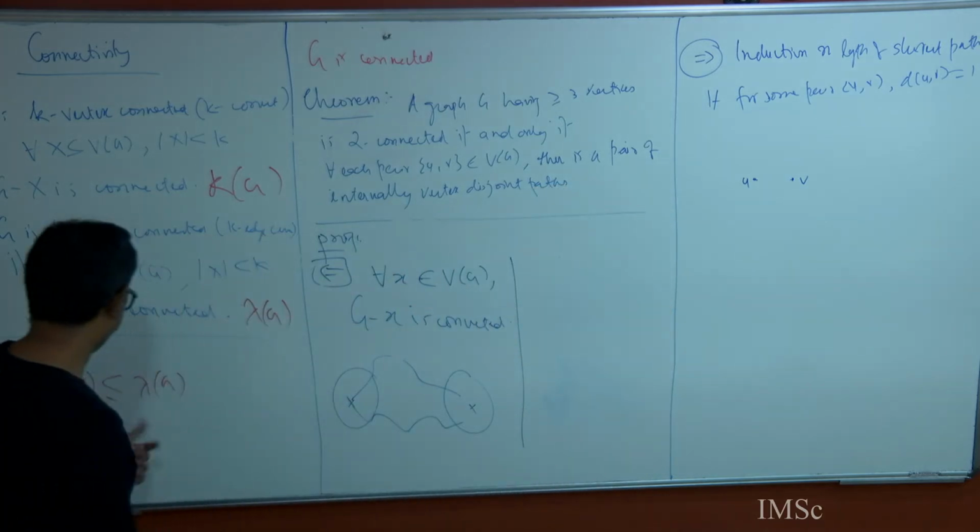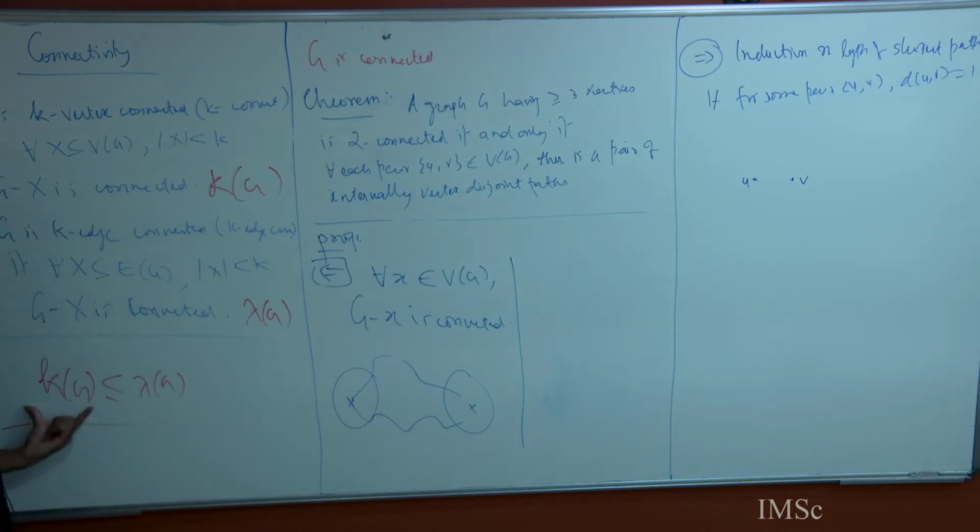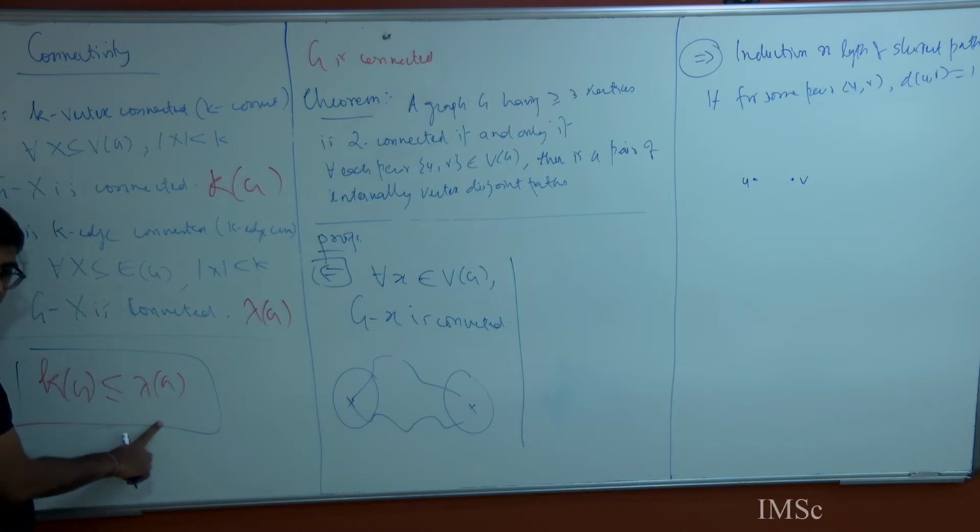Because look, lambda(G) is greater than or equal to kappa(G). But aren't we talking about vertex connectivity? Yes, that's okay, but I also have this property: if a graph G is 2-connected, it is also 2-edge-connected.